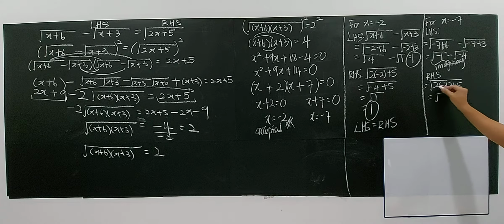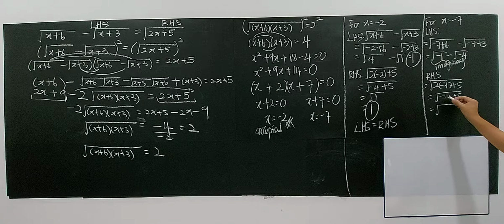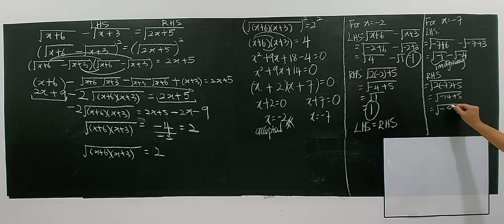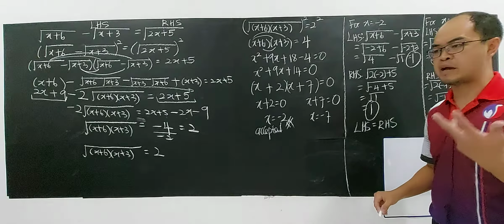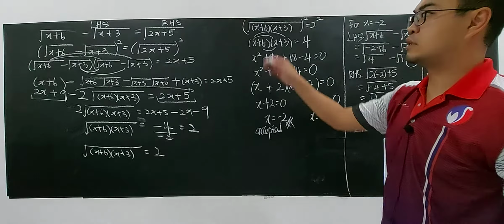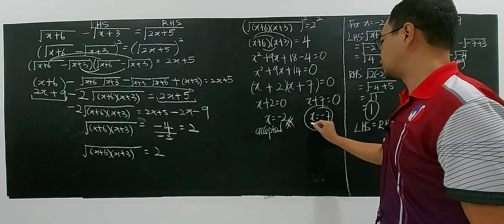You have negative 14 plus 5, which is also a negative number, right? You get negative 9. This is impossible, right? You can't get an imaginary number. This is an equation. We solve for real numbers. So this is rejected.